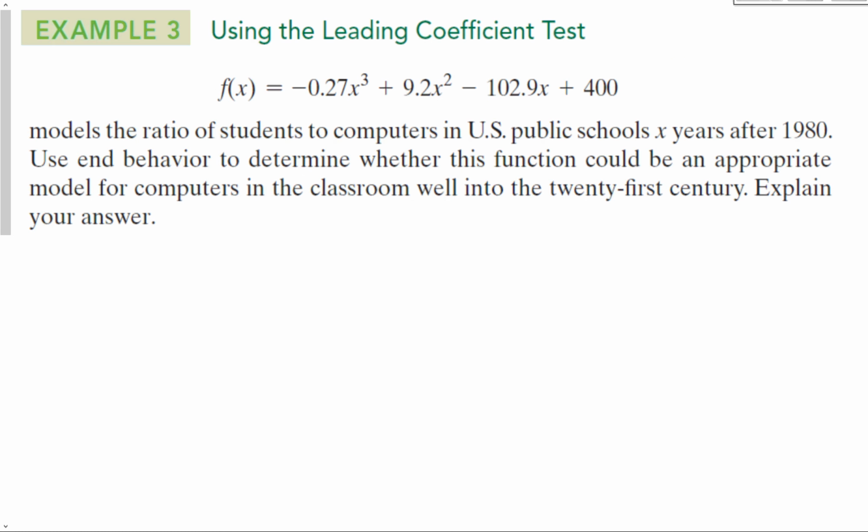Next, let's use our leading coefficient test again to model the ratio of students to computers in the United States public schools x years after 1980. Use end behavior to determine whether this function could be an appropriate model for computers in the classroom well into the 21st century. Explain your answer. Well, let's see what's going on here.